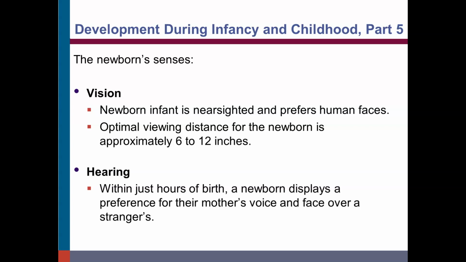So they're able to see better and take in information from the environment when things are closer to them, between half a foot and a foot away from their eyes. And as their prefrontal cortex starts to mature, the range of their vision will increase.